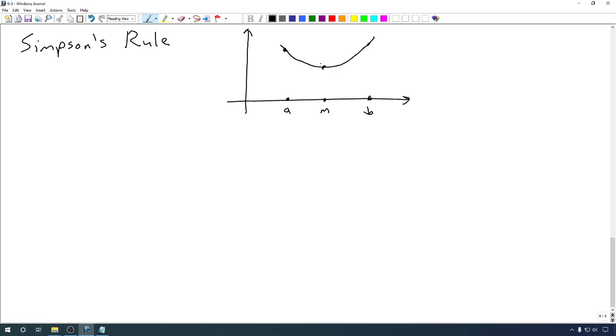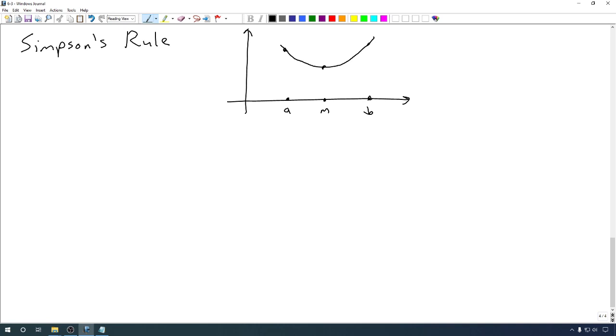There's only one parabola that can pass through those 3 points. Now, if these were all on the same line, there's actually not a parabola that passes through them, and instead we have a line that passes through them. But in more generality, a parabola fits through 3 points.